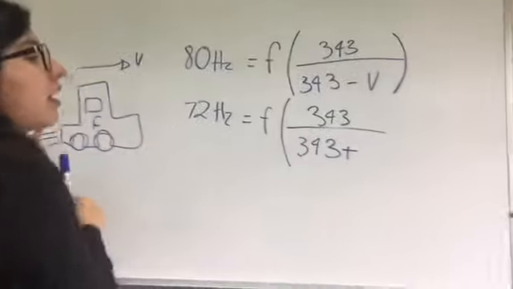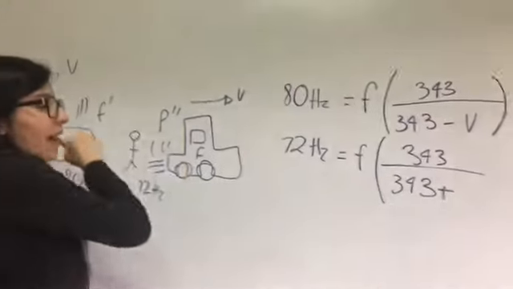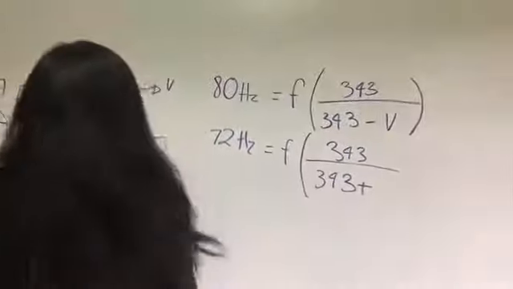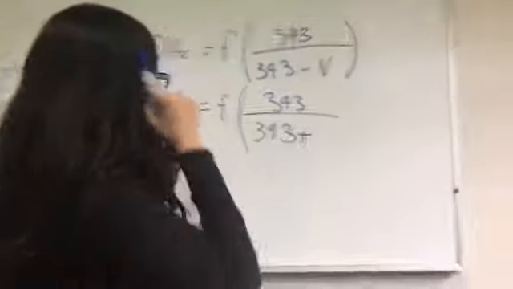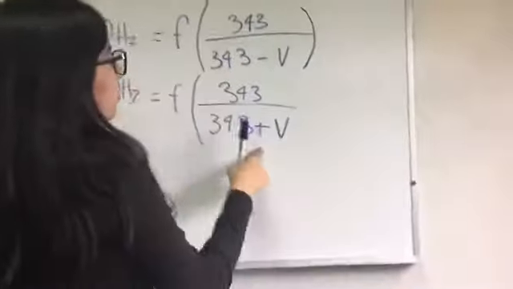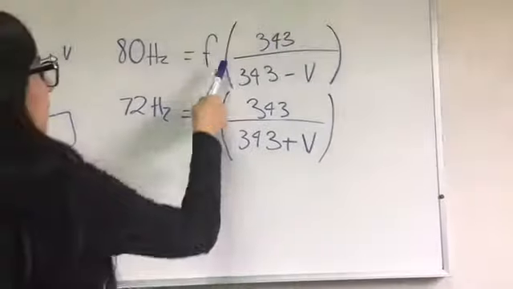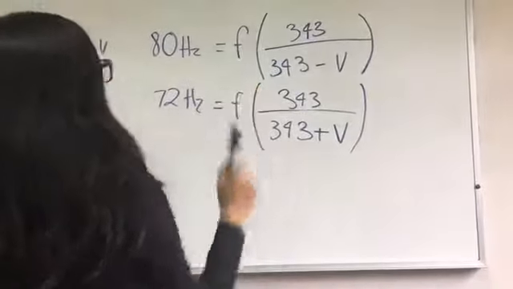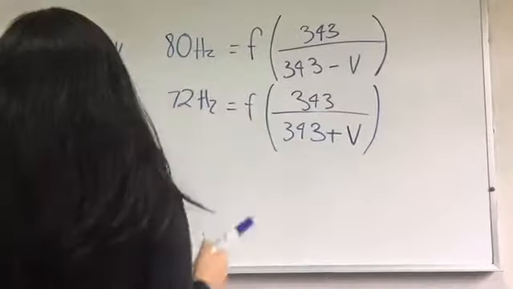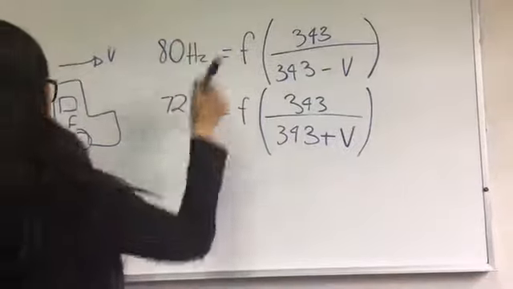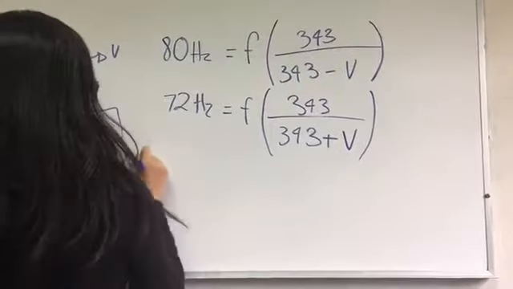Then, because the car is passing you by and it's getting away from the person who's listening to it, we are going to use a plus sign here. And so we are going to make an equation with these terms.